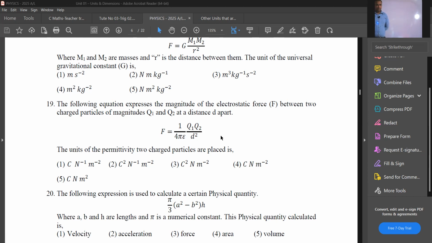Again, F equals 1 over 4 pi epsilon times Q1 Q2 over R squared. So I can make epsilon the subject. 4 pi is a constant, so I don't need to write it. So epsilon is equal to Q1 Q2 over F R squared.